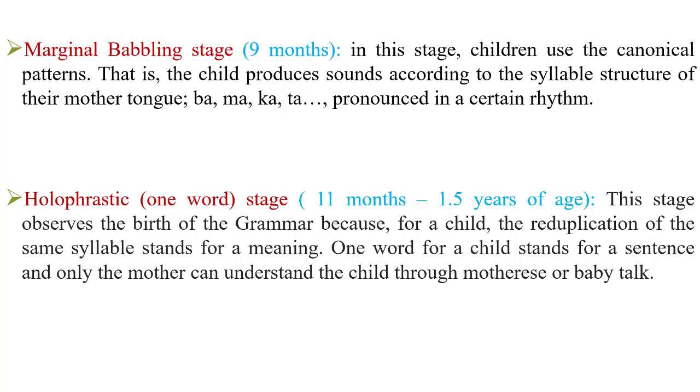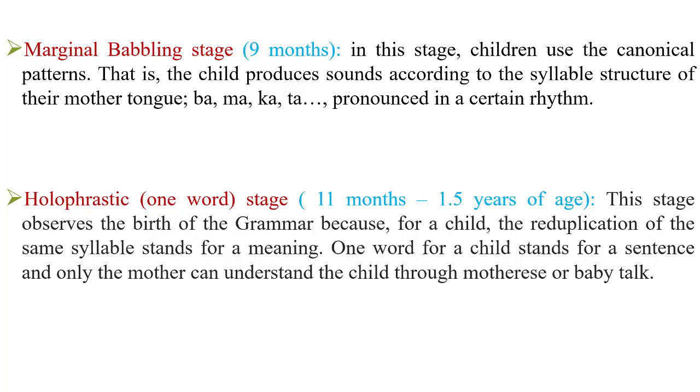And then we have the holophrastic stage, or what is called the one-word stage, between 11 months and 1.5 years of age. This stage observes the birth of grammar, because for a child, the reduplication of the same syllable stands for meaning. One word for a child stands for a sentence, and only the mother can understand the child through mother or baby talk.